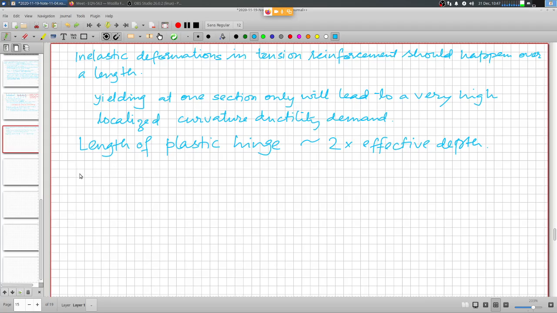And special reinforcement detailing is needed in the plastic hinge region.